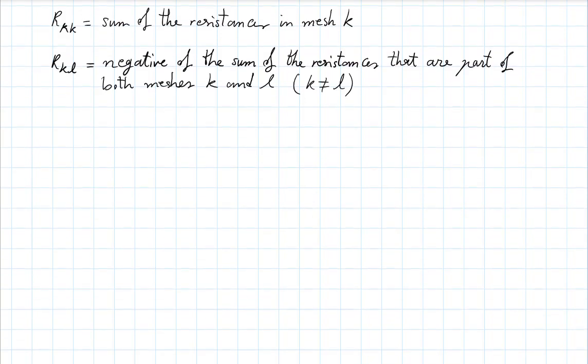And so the Ik is your unknown mesh current for mesh K. Okay, so that's a mesh current, not an element current. Now, by the way, which direction?